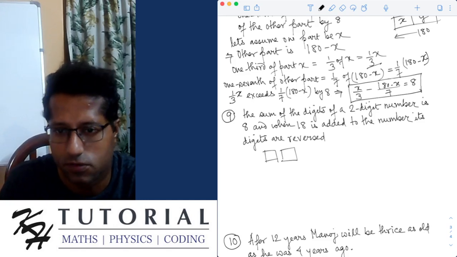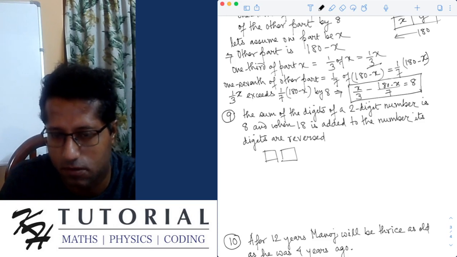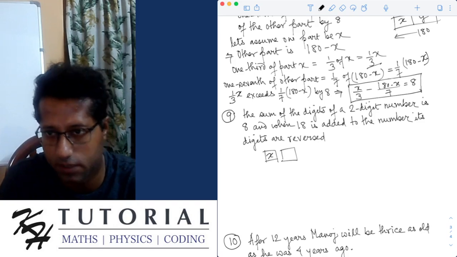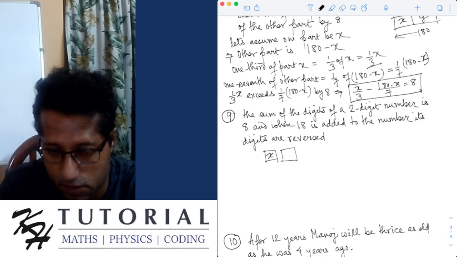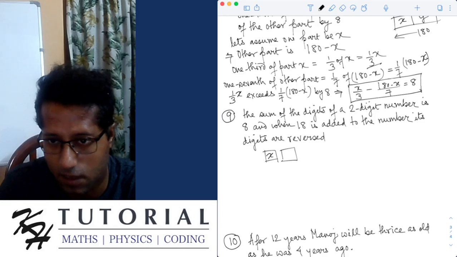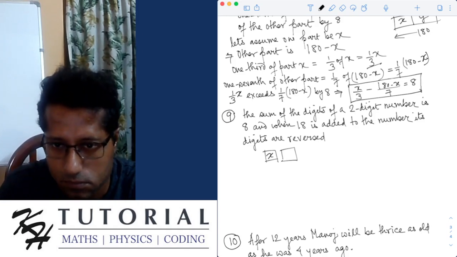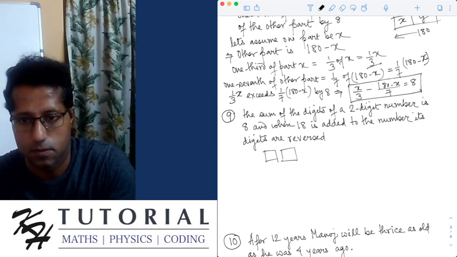If I consider the leftmost digit as the unknown quantity or the variable x, then this is x.